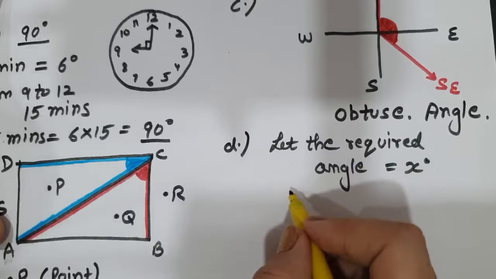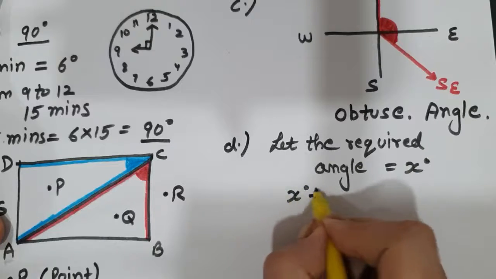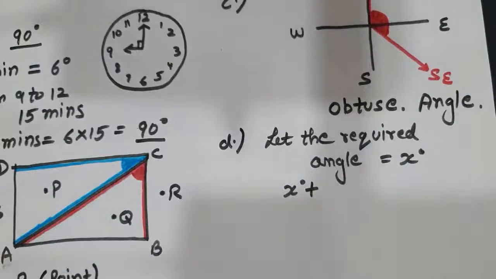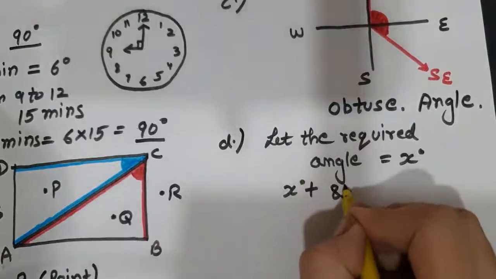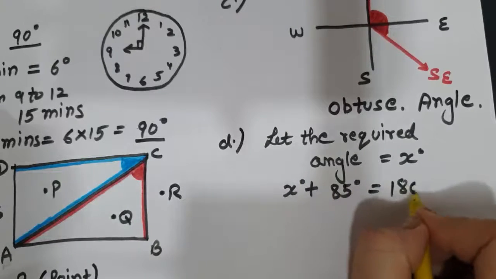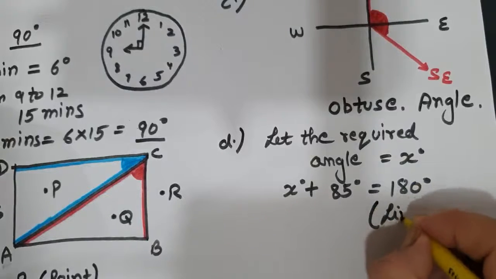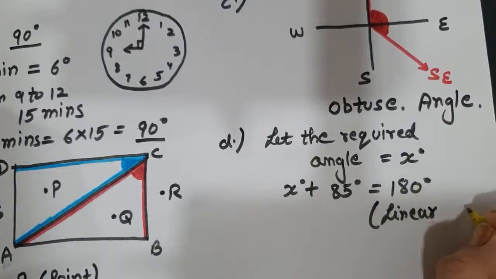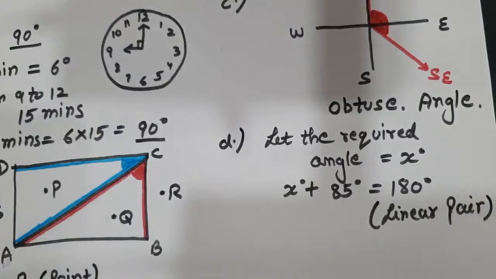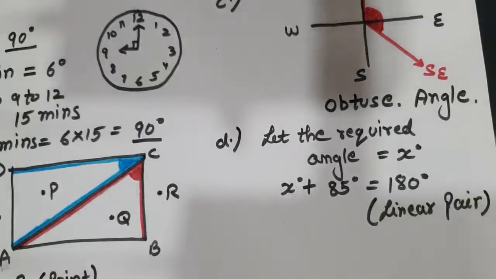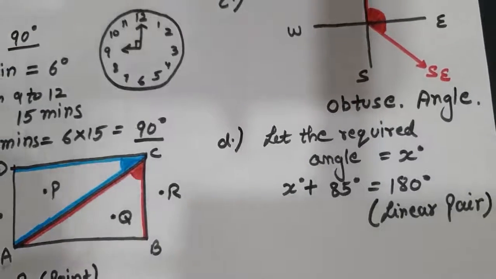Since it is a linear pair, x degrees plus 85 degrees will always be equal to 180 degrees, because the non-common arms always form a straight line in a linear pair. In a linear pair, the sum of both the angles is always 180 degrees.